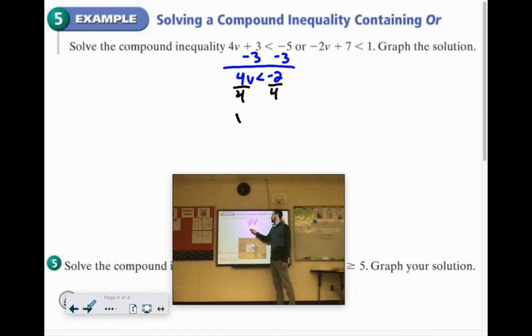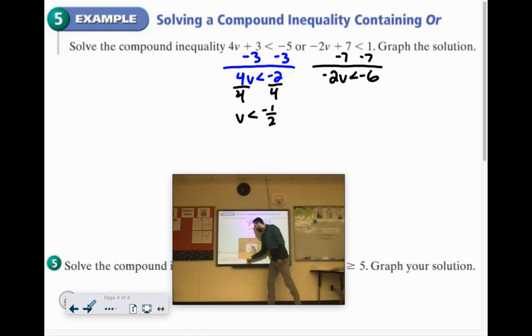And negative 2/4 would reduce to negative 1/2. Over here, we would subtract the 7 first. Negative 2v is less than negative 6. Then we have to divide by that negative 2. Remember to flip the sign. v is greater than 3. There's an or there, so we're going to be shading outside.